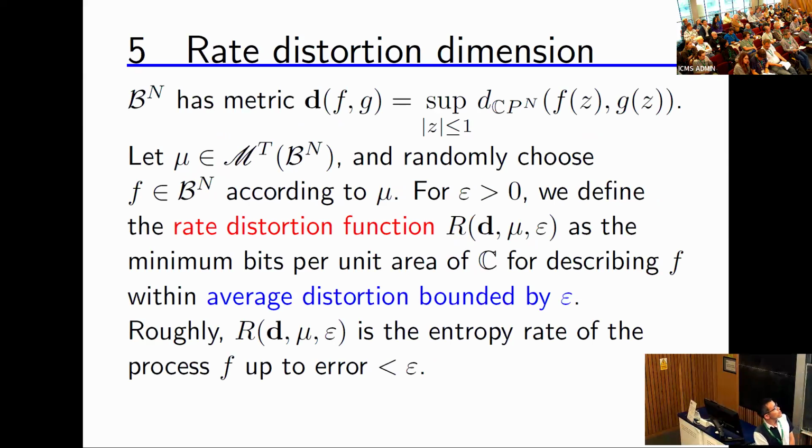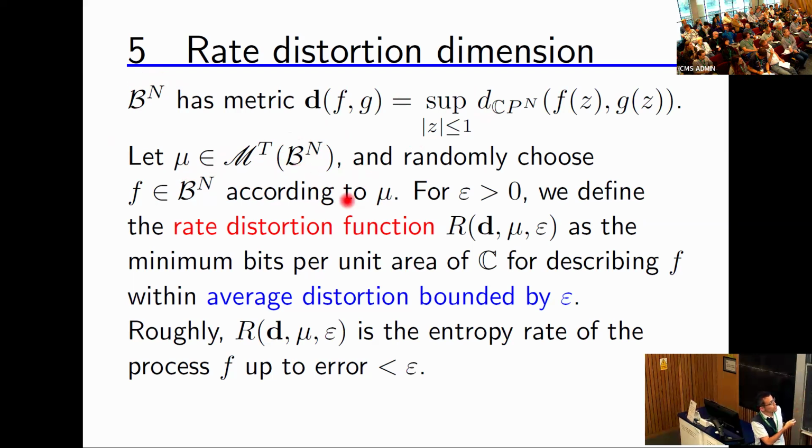So next, we want to express a bit about rate distortion theory. Because our space Bn has a metric, let mu be any T-invariant Borel probability measure on Bn. And so we fix such mu.